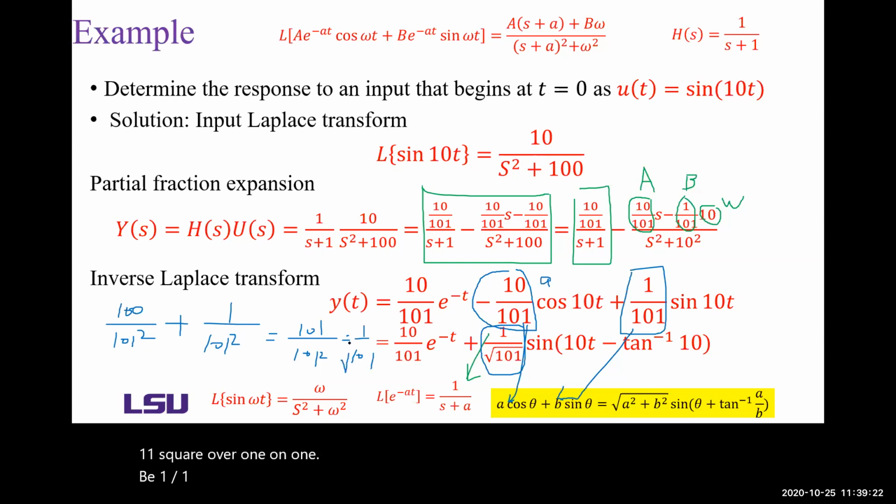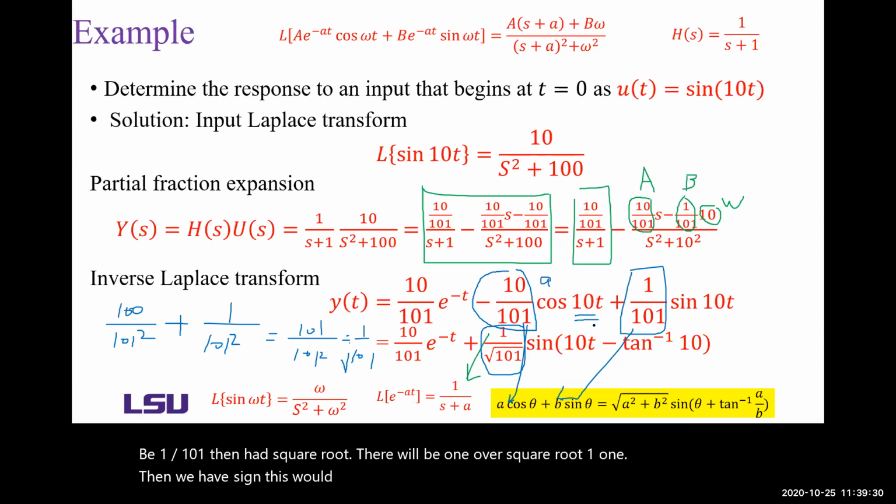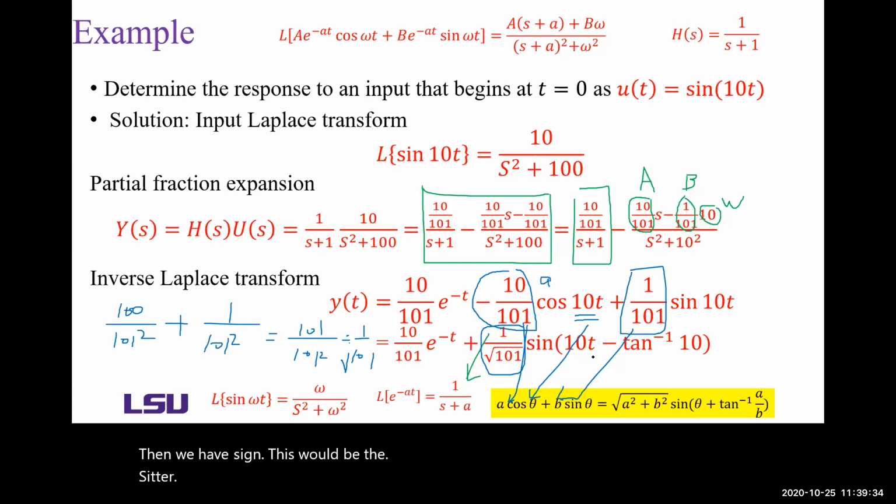Then with the square root, it will be 1 over the square root of 101. Then we have sine 10t plus phi, where phi is the arctangent of a over b, which will be minus arctangent 10.